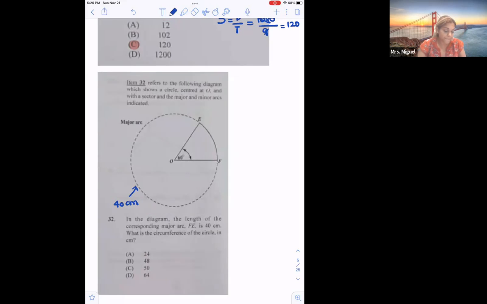So if this is 60 degrees, and we have 6 60-degree angles, so here is 60, here is 60, 60, 60, 60. So therefore, this is 8, 8, 8, 8, 8. And here would be 8. So the circumference would be 48.